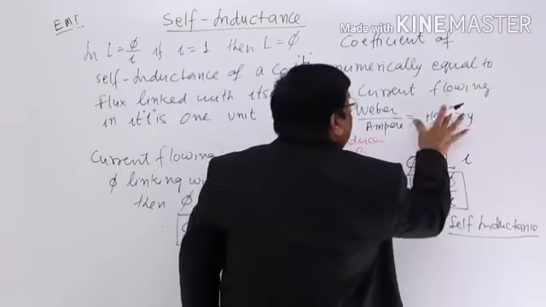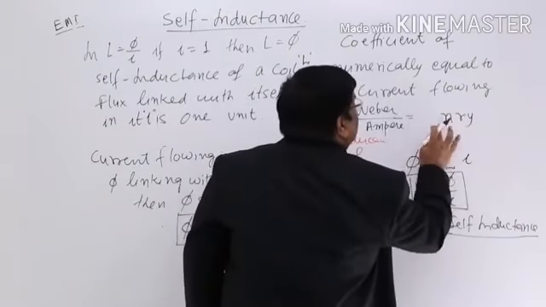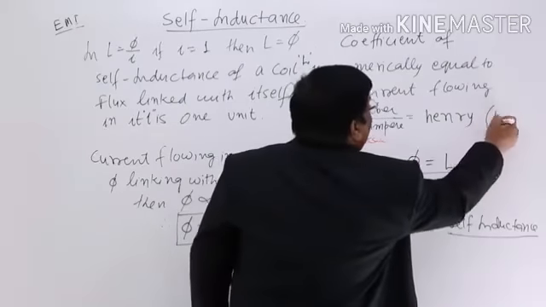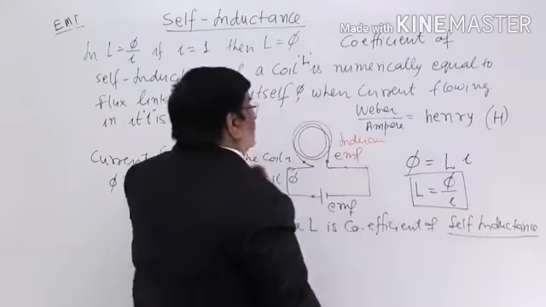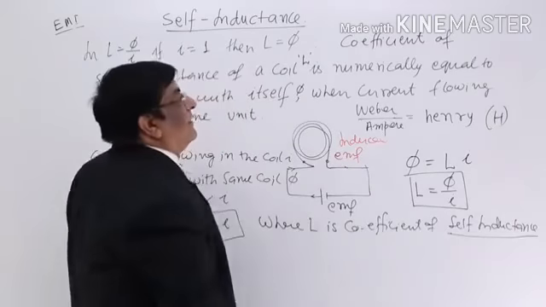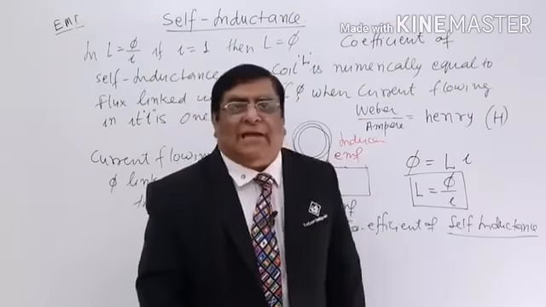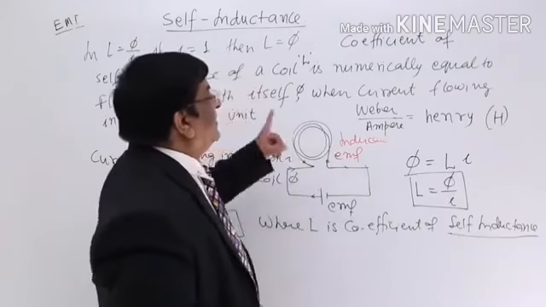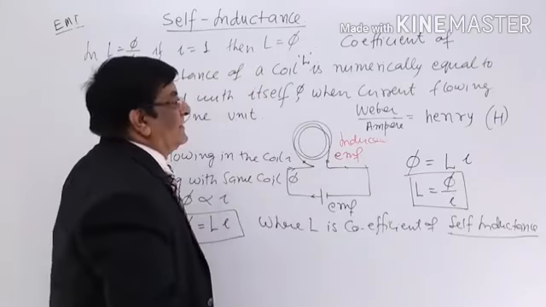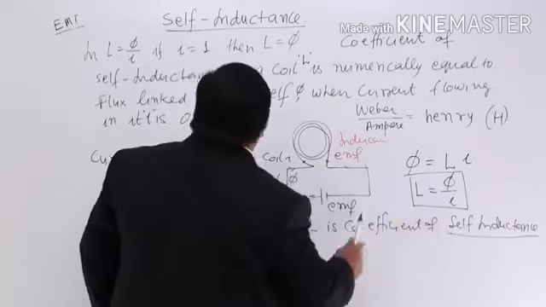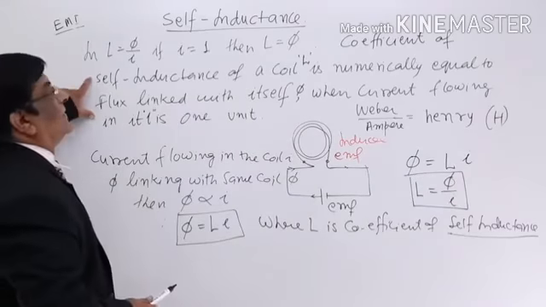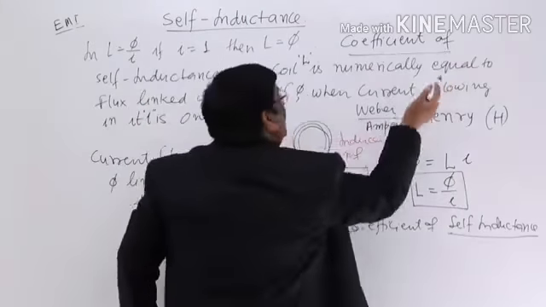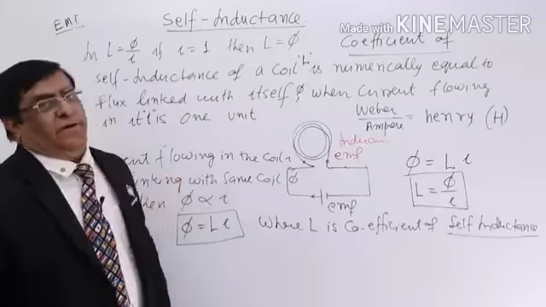Okay, so we will write this unit as Henry and the symbol will be capital H. Then the practical unit is millihenry, which is normally what we use. So this is the unit of self-inductance. This is the equation of self-inductance. This is the coefficient of self-inductance, and the phenomenon of self-inductance you have already written.